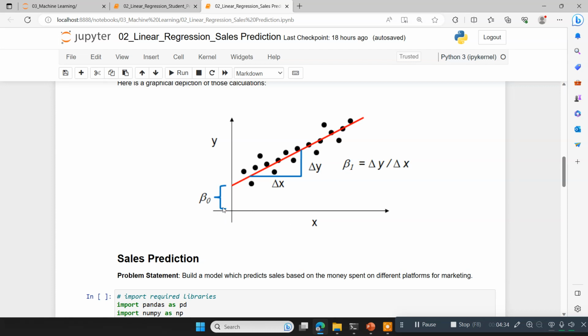So the distance, this one, is called as beta 0 intercept. Then what is beta 1? So beta 1 is coefficient of x. Which we calculate as delta y by delta x, meaning change in y divided by change in x. So simply we say coefficient of x.